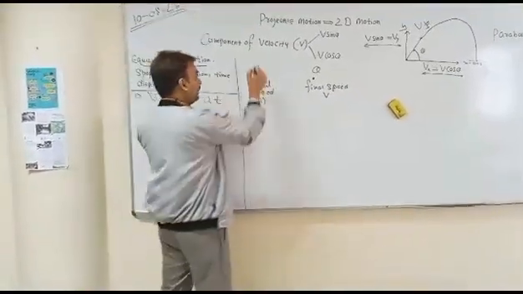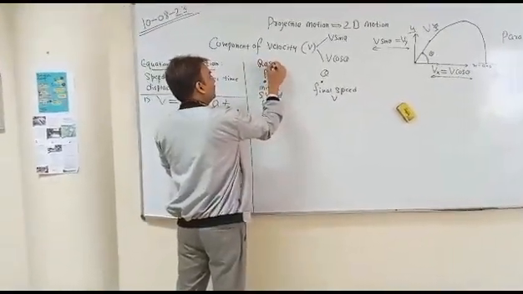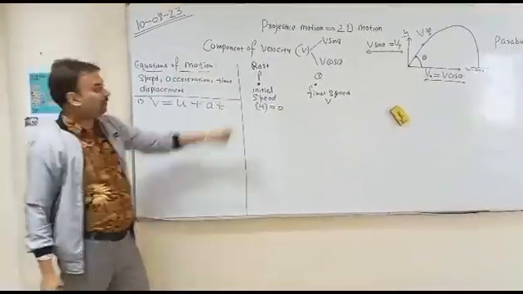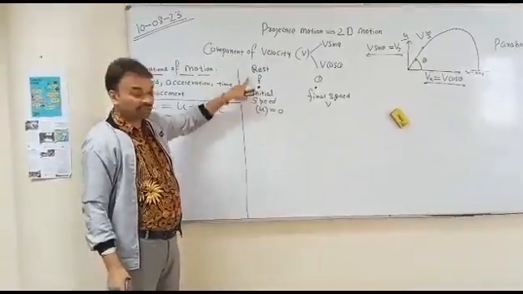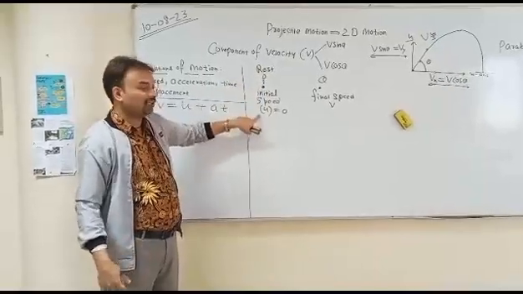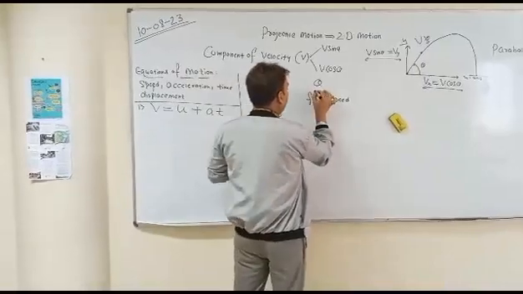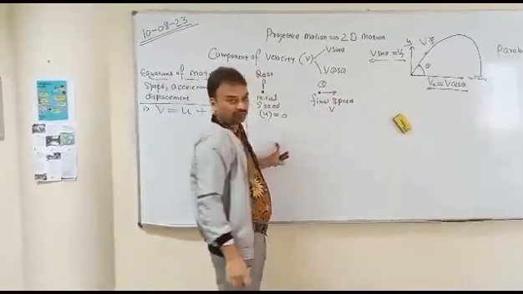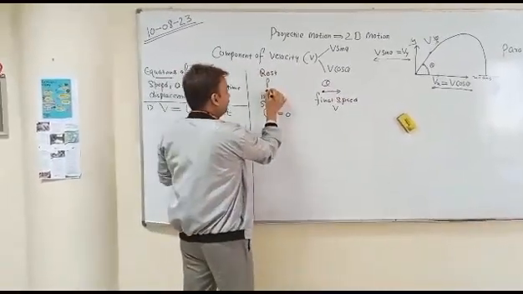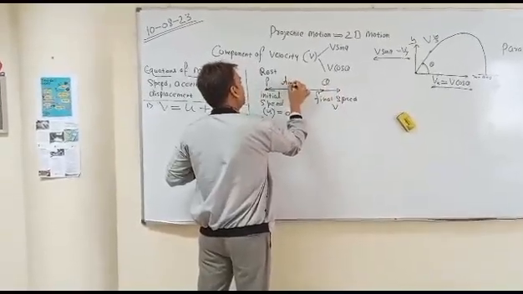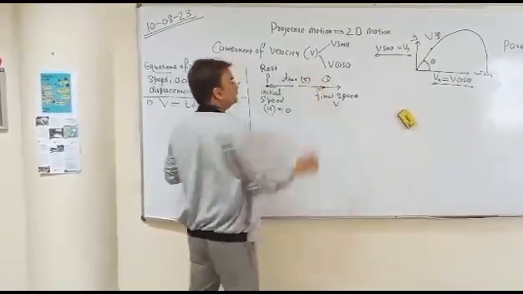If the object at P is at rest, then we say the initial speed is 0. At Q, it crosses with speed v. The time taken from P to Q is t.